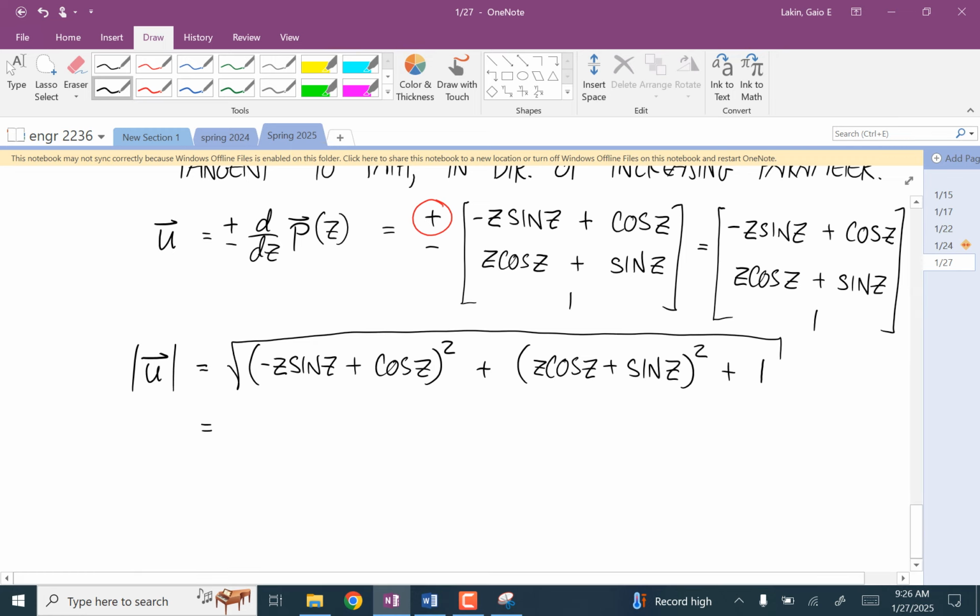Did you guys learn FOIL or did you call it something else? FOIL. Okay, I thought kids today learn everything so different. Okay, but FOIL this out, you know.